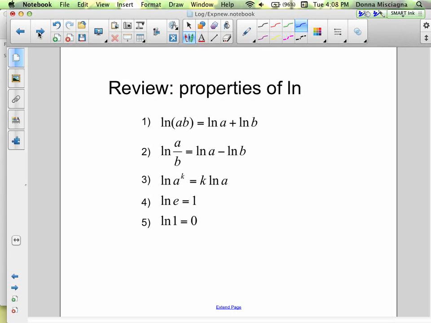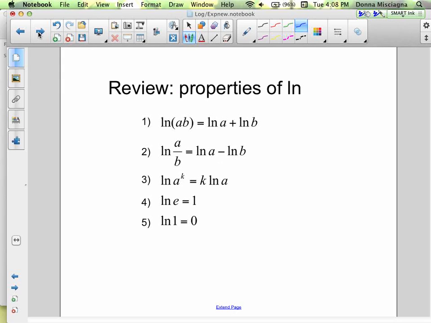All right, so some properties of natural log, and they're going to come up as we're working with the natural log. It doesn't even have to be natural log, it could be any log. But since we're only working with natural log, we'll just talk about natural log. So natural log of a product is equal to the sum of the logs. The log of a quotient is equal to the difference of the logs.